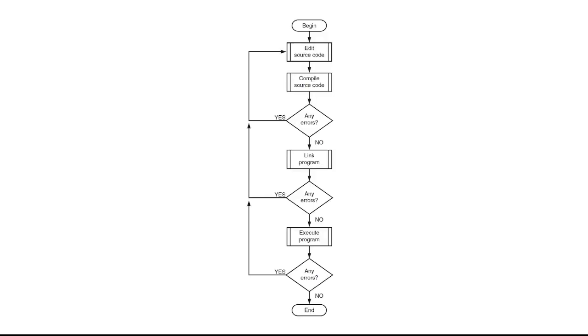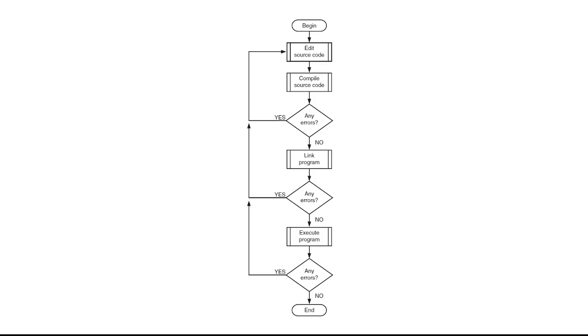I also wish to go through the flow chart, the flow diagram of programming. So typically, when you start with coding, the next stage is you compile, so it just goes straight into compilation. After that, there could be compilation errors.